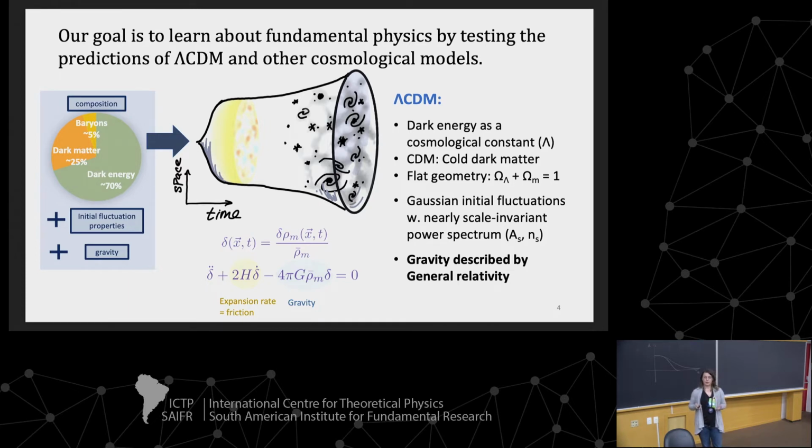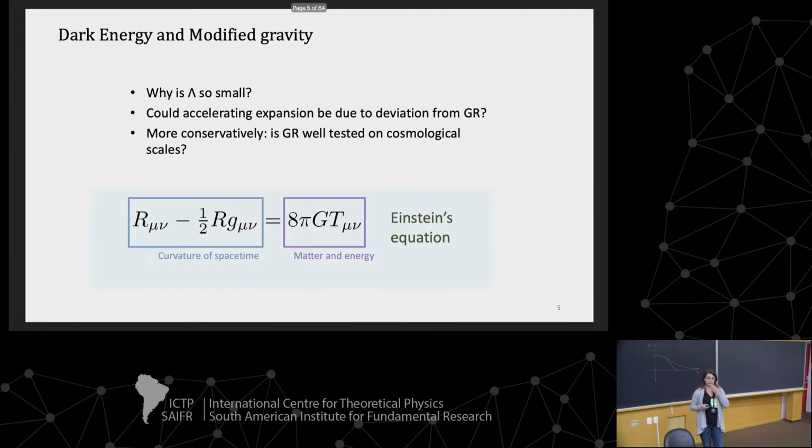When we think about ways that we might want to test whether general relativity needs to be extended on cosmological scales, the motivations can be tied to our desire to understand what dark energy is, what is causing cosmic acceleration.